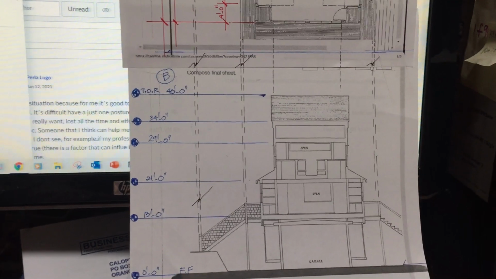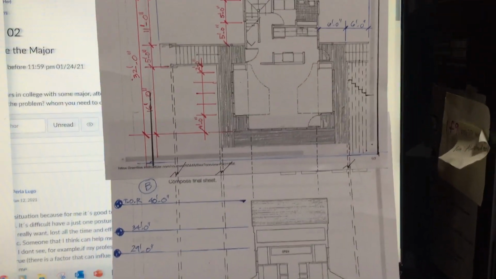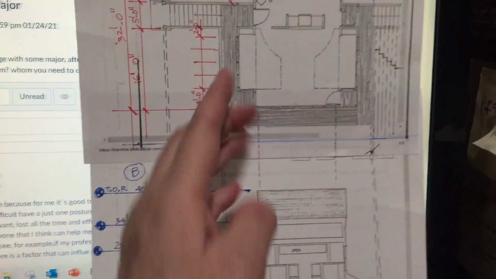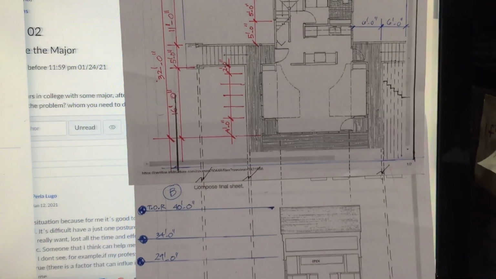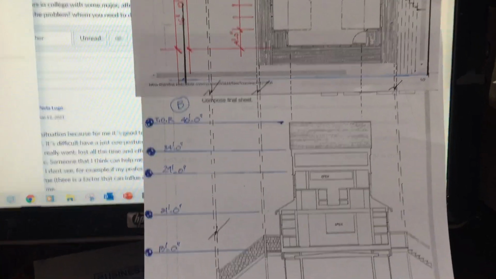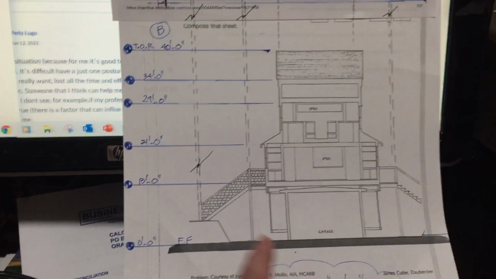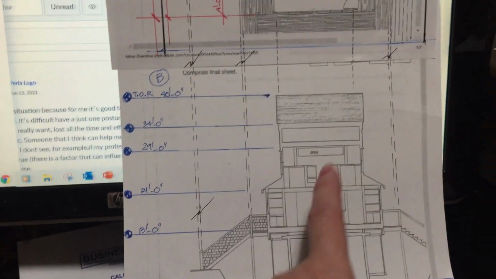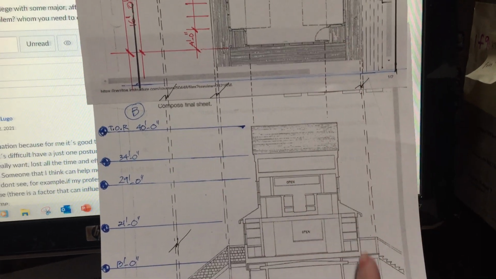before I start the elevation. Okay, so for the elevation, you can project from the floor plan. Project perpendicular lines down from the floor plan to the finished floor, and after that you start to draw the elevation.